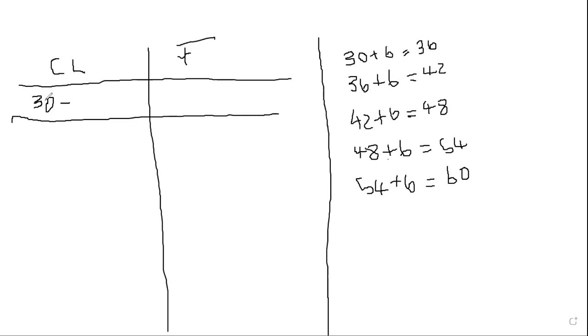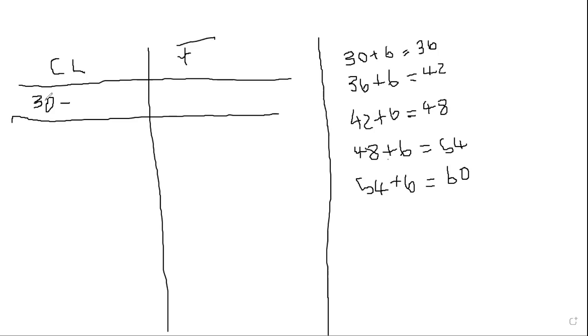So your class width should remain constant, meaning it should be 6. It cannot change. It cannot be 7, and the next class cannot be 6 or 5, otherwise you will be doing your things wrong. Your class width should remain constant in all classes.